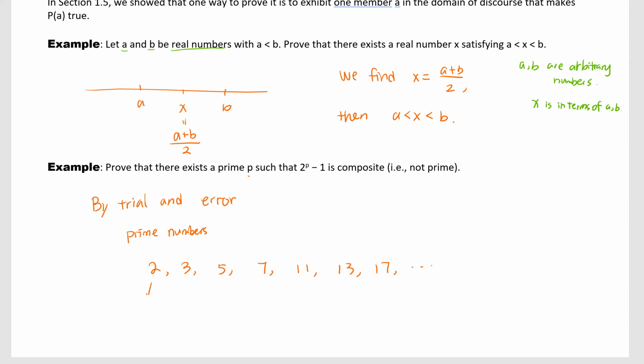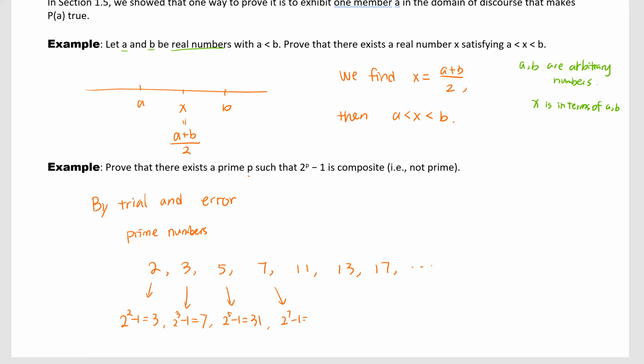So 2 to the 2 minus 1, 4 minus 1 is 3, is prime. We want to find a number which is not prime, right? Here 2 to the 3 minus 1, 8 minus 1, 7. 7 is prime, so not this one. 2 to the 5th minus 1, 32 minus 1, 31. 31 is prime. So let's continue.